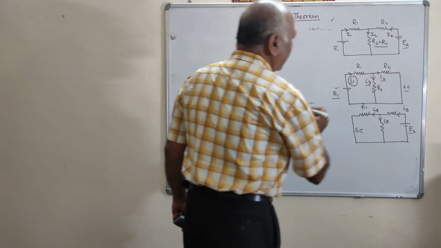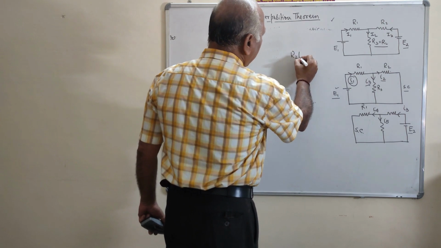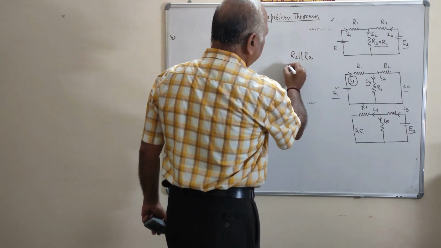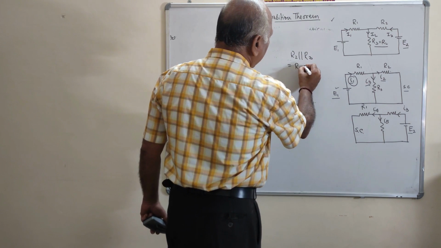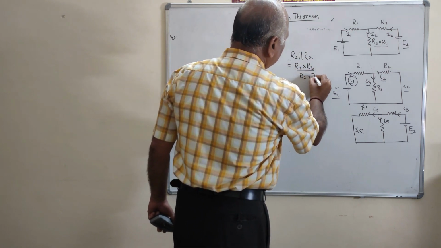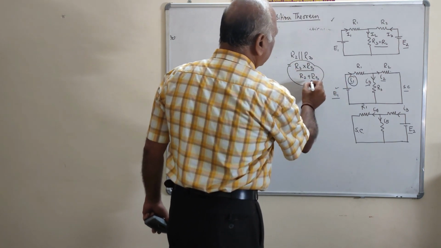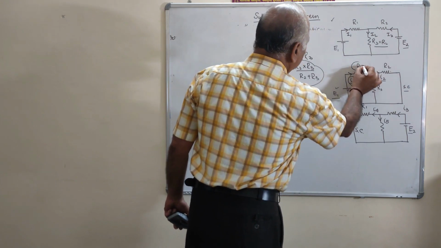R2 and R3 are in parallel. Then the resultant will be R2 into R3 upon R2 plus R3. This R2 R3 upon R2 plus R3 is connected in series.